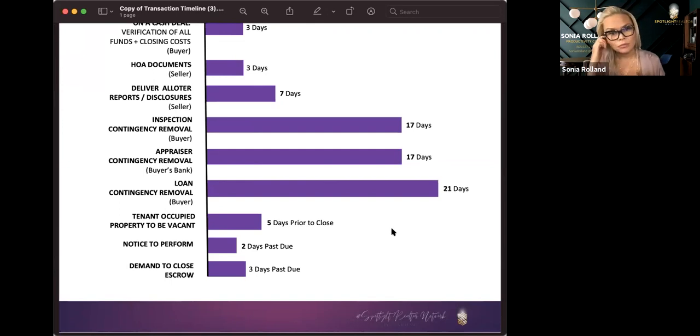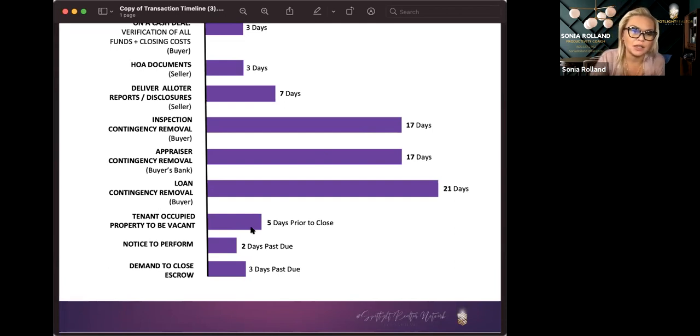Does that make sense? So if the tenant's living there, and you did the inspection, and it required them to patch some holes in the wall, or fix the carpet or a door or a window, the tenant has to give you the chance 5 days prior to close to go in there. Before that, they don't have to let you in again or whatever.